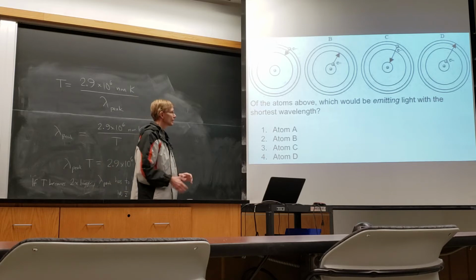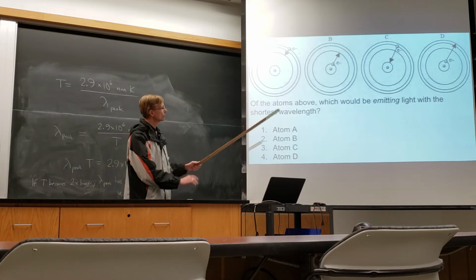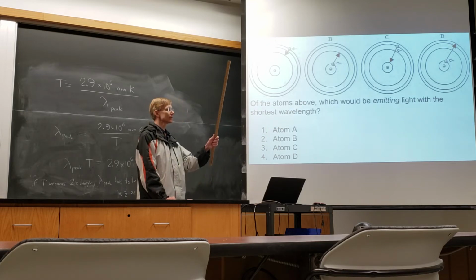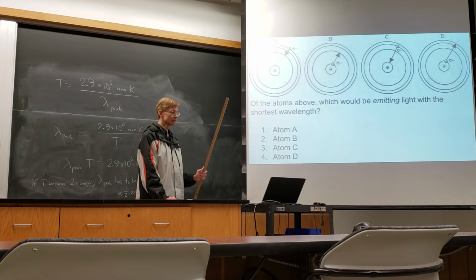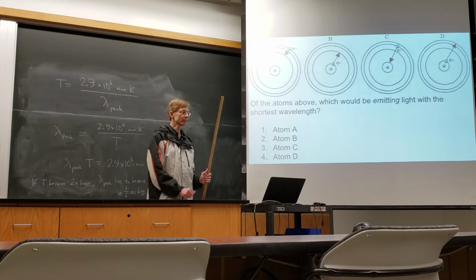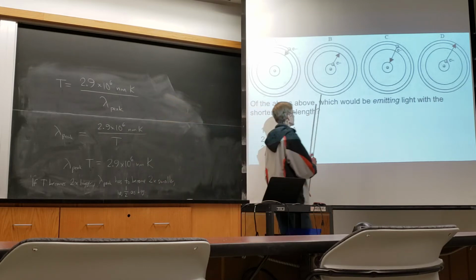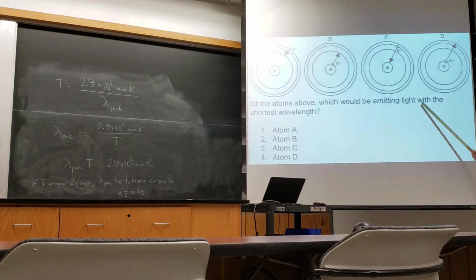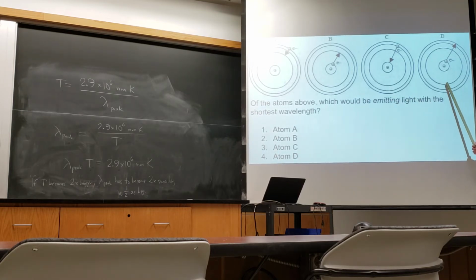So, all right. If it's going to emit light with the shortest wavelength, that says it has to be going down close to the nucleus. And so we need the biggest jump, because higher energy is a bigger change in the electron's energy. So in other words, which one of these four has the longest inwards pointing arrow, because that's what's representing that.